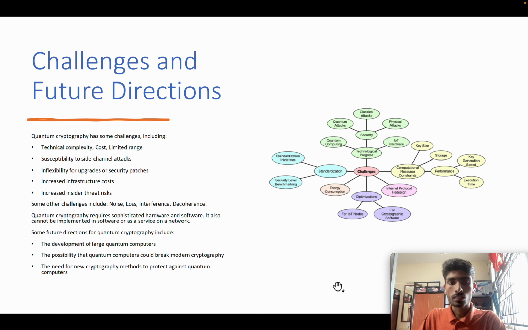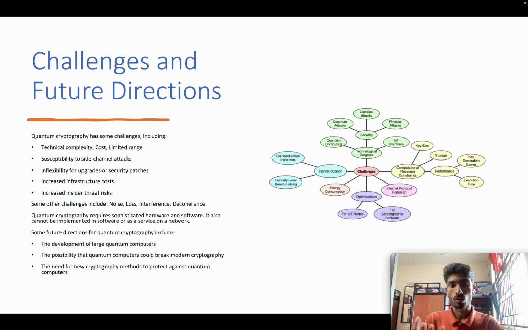Increased infrastructure cost and insider threat risk further complicate the landscape. Looking ahead, we must prepare for the development of large quantum computers and the possibility that they could break modern cryptography, and this necessitates the exploration of new cryptographic methods to protect against quantum computers.